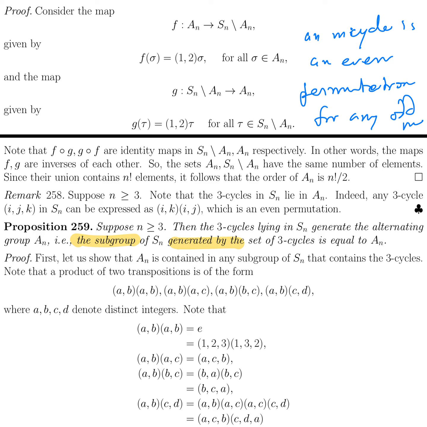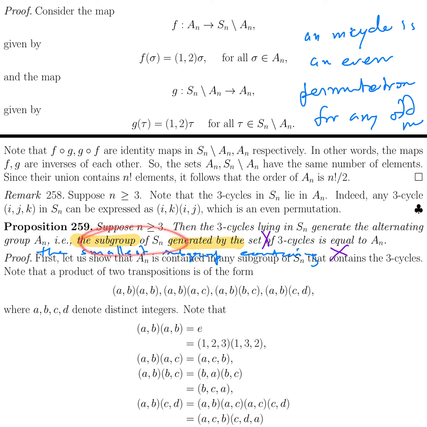The subgroup generated by some set X means the following: it is the smallest subgroup containing X. Here we have the 3 cycles as our set.